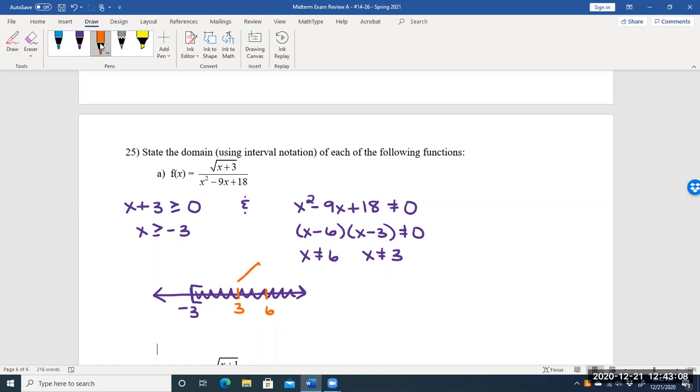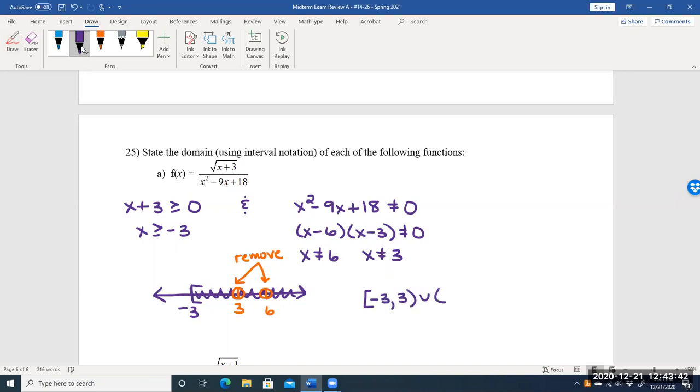So I need to remove those from that interval. So the shading in purple is my domain, but you just have to remember to remove the numbers 3 and 6 from that interval because they would result in division by 0, and division by 0 is undefined.